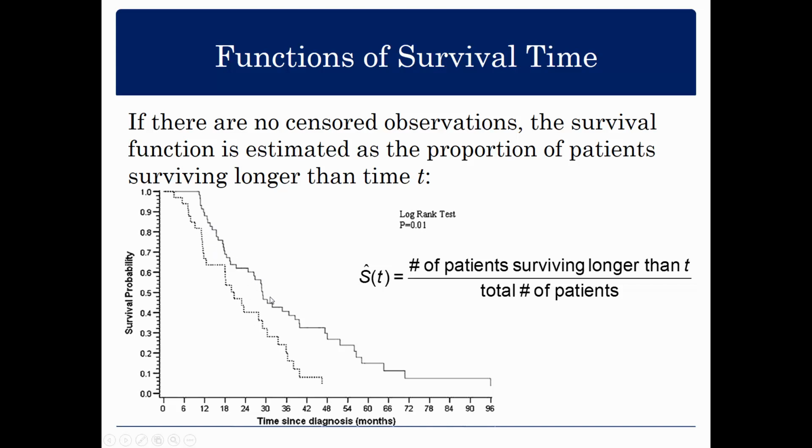So I would say that the risk of death is higher in the group represented by the dotted line relative to the solid line. If I were to do a test to compare these two survival functions, I would get a p-value from the log rank test of 0.01, indicating that there's some difference here, and a difference that you can see is obvious.